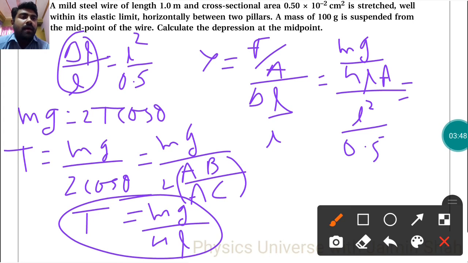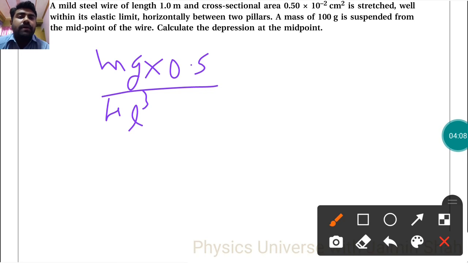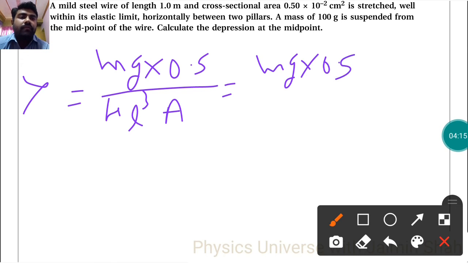So mg into 1 by 2 upon 4 L cube into A, that is mg into 0.5 upon 4 L cube A. The left-hand side is Y, and mg into 0.5 upon 4 L cube is one type of volume into area.